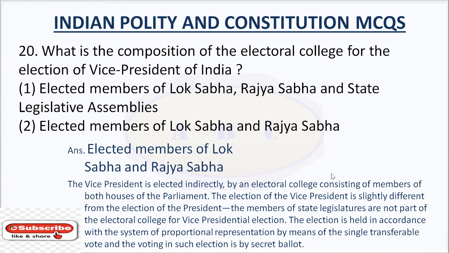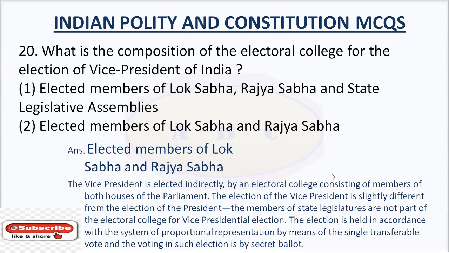The Vice President is elected indirectly by an electoral college consisting of members of both houses of the Parliament. The election of the Vice President is slightly different from the election of the President.